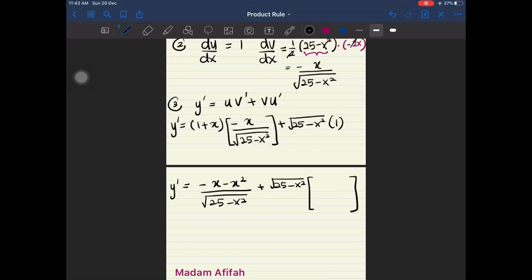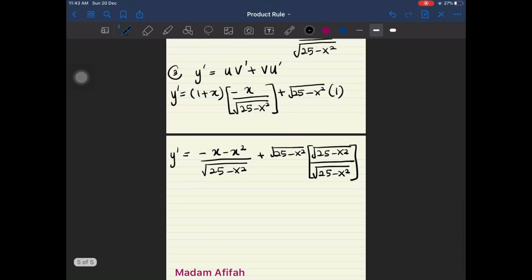We multiply by square root of 25 minus x squared over square root of 25 minus x squared. Simplifying gives negative x minus x squared plus, for this part, square root multiplied by square root.